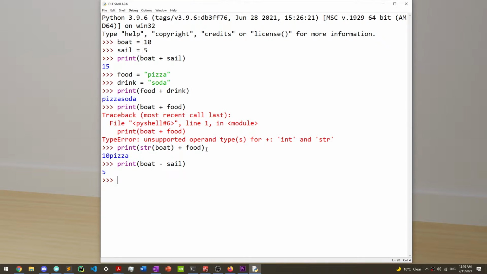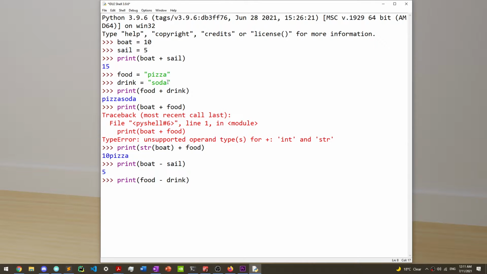Now, what happens if we say food minus drink? Now, this doesn't really make any sense, right? We're trying to subtract soda from pizza. Well, that doesn't really make any sense because what are we subtracting it based off of, right? There's no baseline behind this subtraction. Adding it made sense.